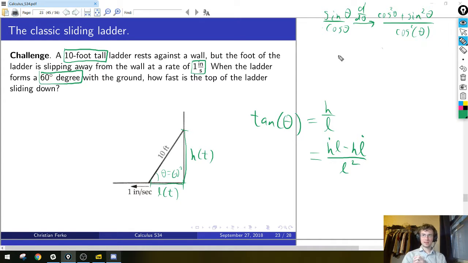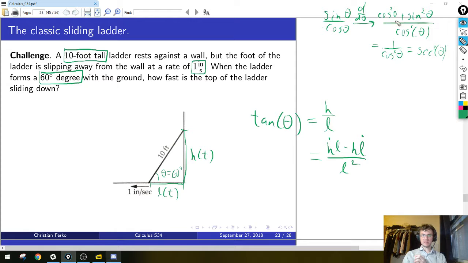This would be 1 over cos squared theta, which would be the same as secant squared theta. Is this correct? I think that makes perfect sense.